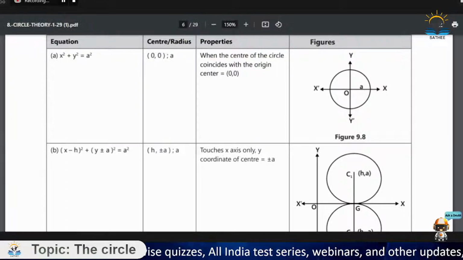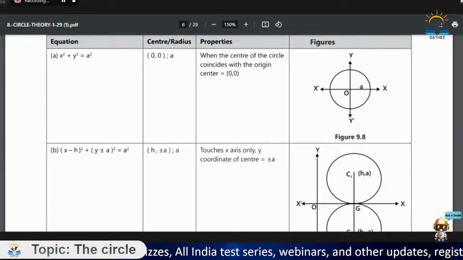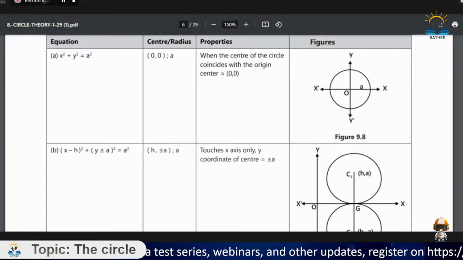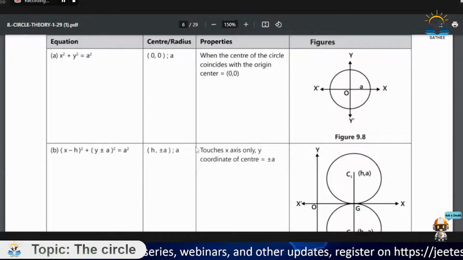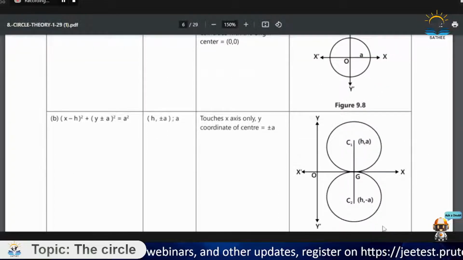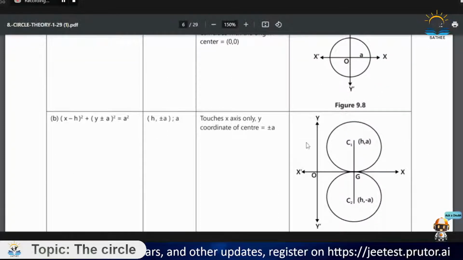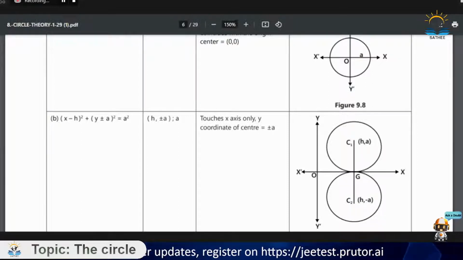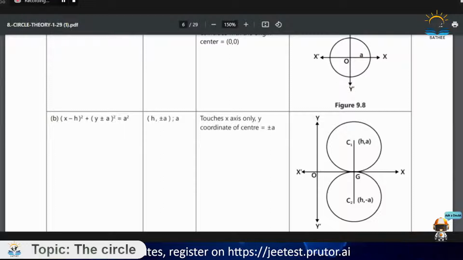If it is (h, a), the equation would be with y minus a, and the circle would be above the x-axis, touching it. Else if it is (h, minus a), then the circle would be below the x-axis and it would be touching the x-axis.